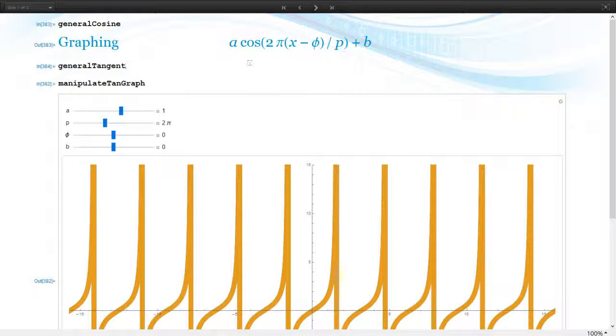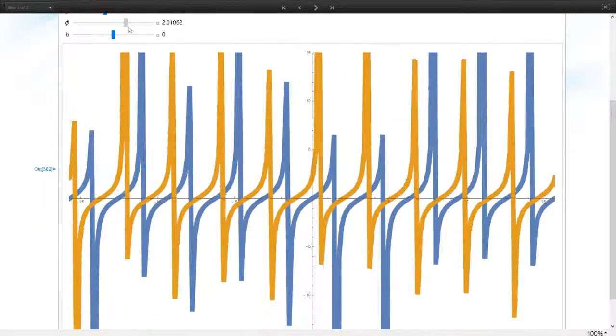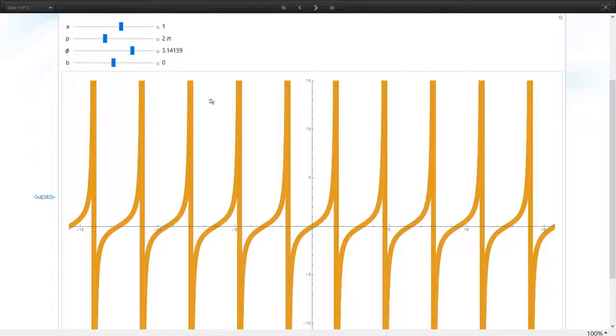But for tangent and cotangent, not only do you have to change this to be tangent or cotangent, but you also have to delete the 2 to get the general form. Once you put your function into general form, then it tells you the amplitude, the offset, the phase shift, and the period. And then you can graph your trig function accordingly.